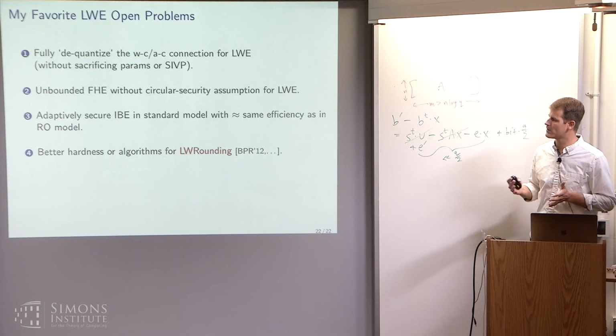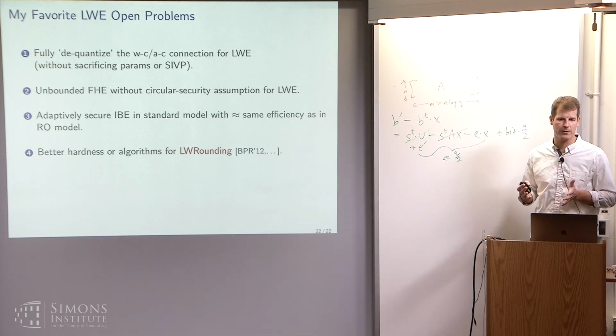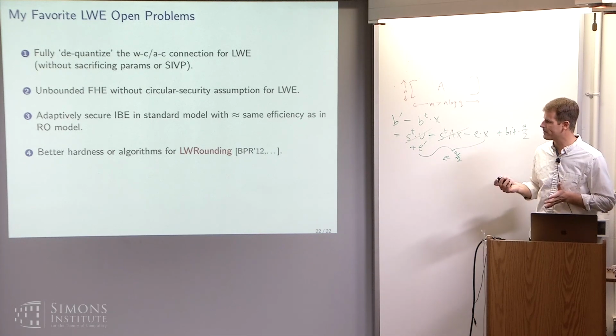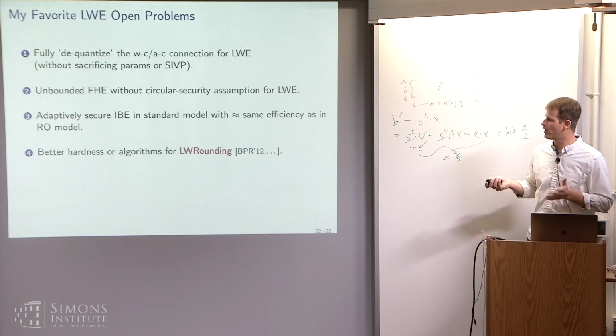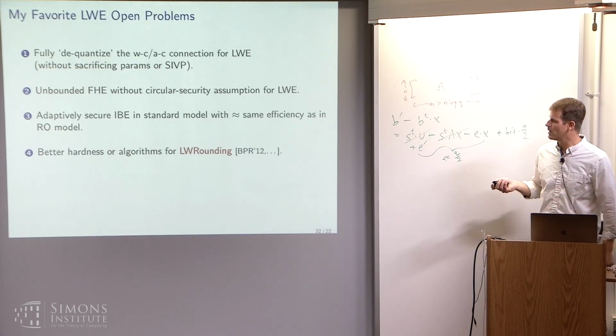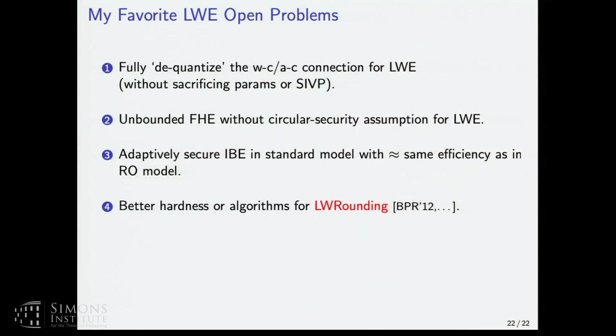And we have some hardness proofs for this problem, this learning with rounding, but they're not very good. They're much weaker than what we know for LWE. And LWR is a nice problem. Maybe there are good hardness results. Maybe there are actually better algorithms for it. We also don't know any algorithms that perform appreciably better than for random error. But I think this is a really interesting direction that hasn't been really looked at enough. So that would be a great problem to work on.